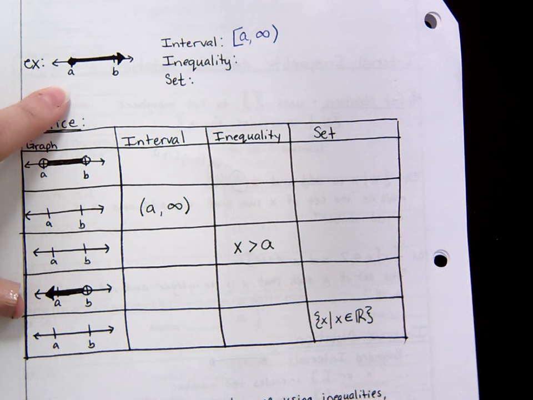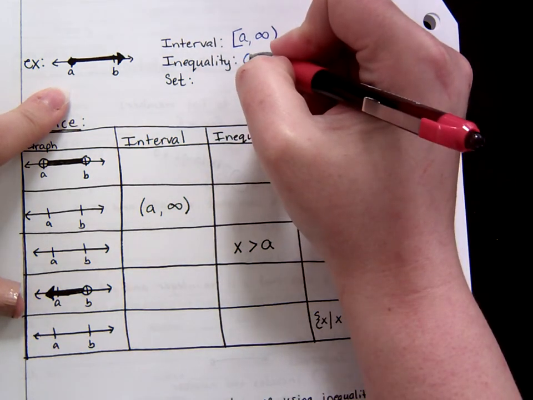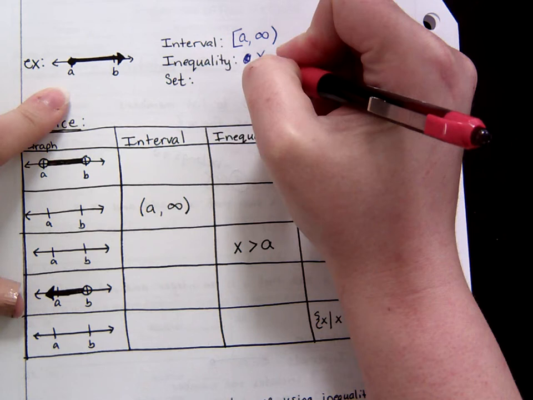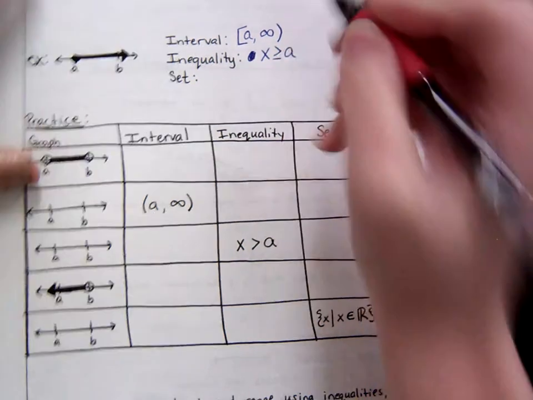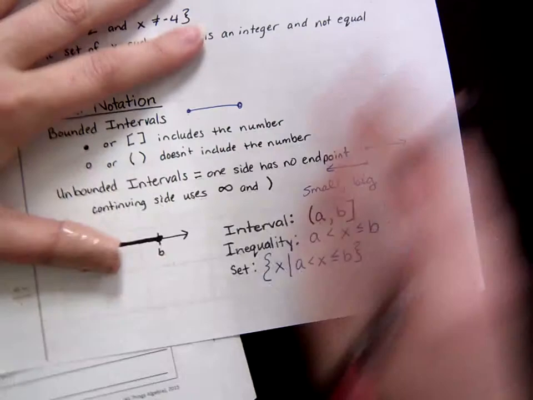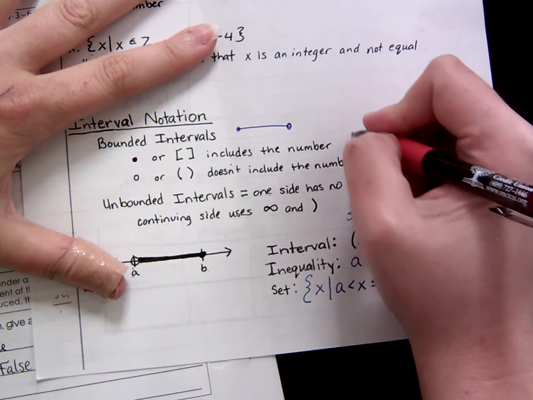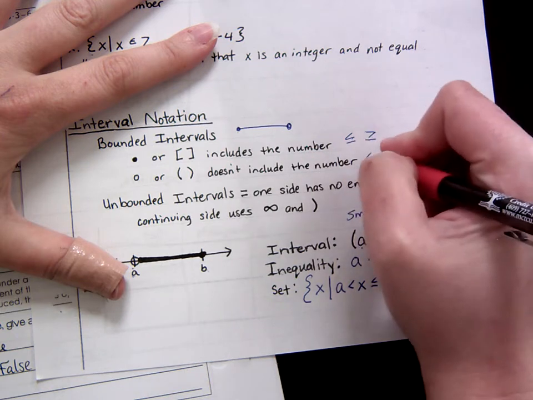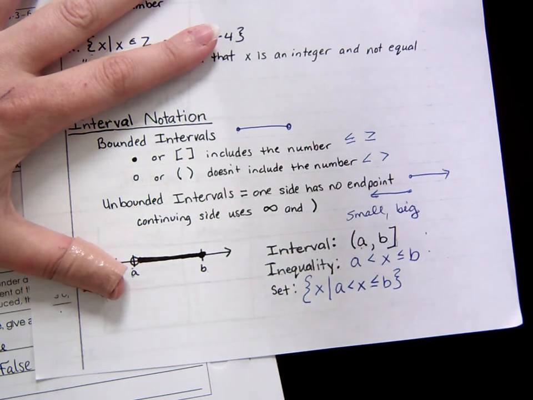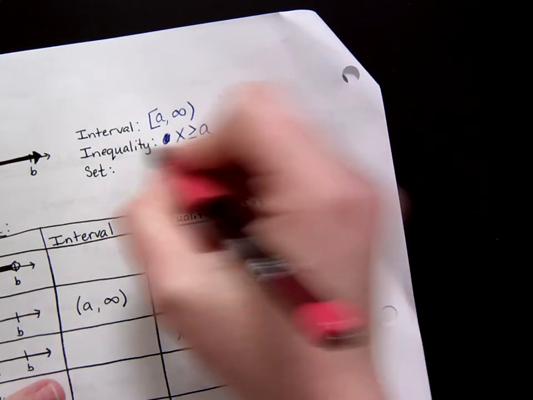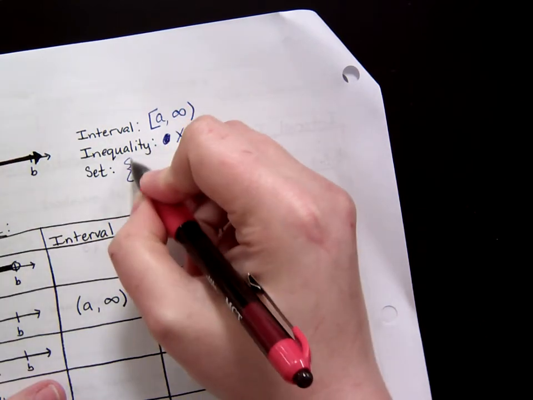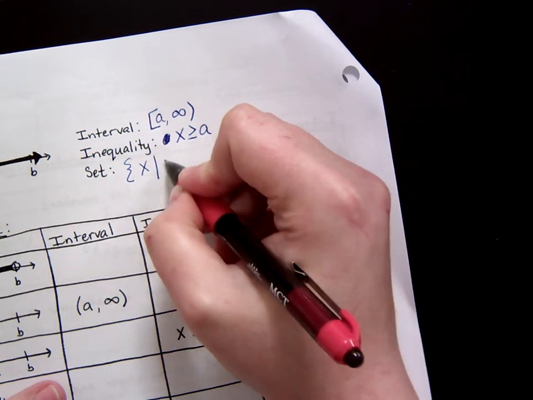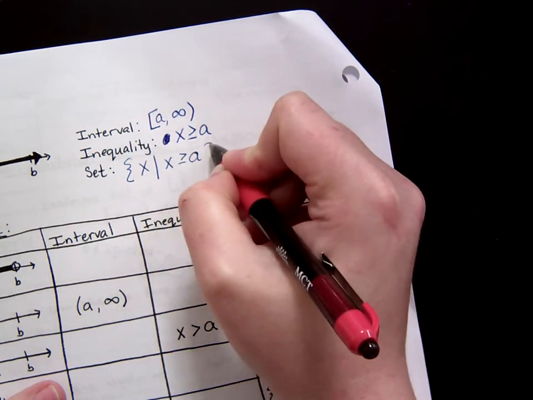Now, as an inequality, we express this as x greater than or equal to A. Because for inequality symbols, these are going to be your or equal to's. These are going to be the not equal to's. So for set notation of this number line, start your set. It's a set of x such that x is greater than or equal to A.